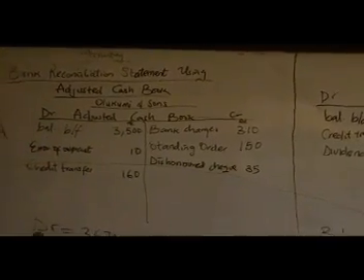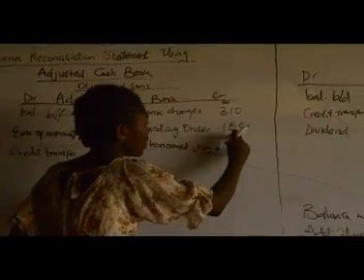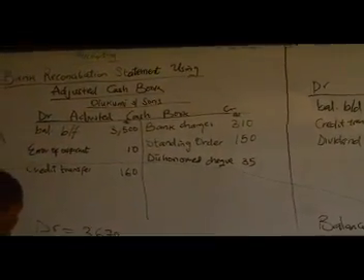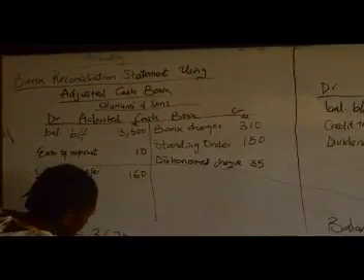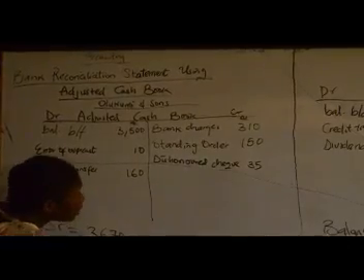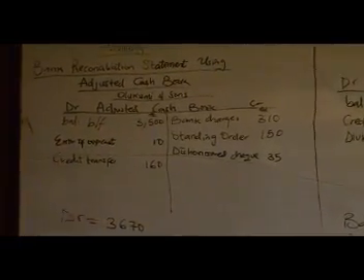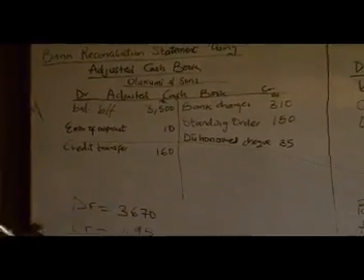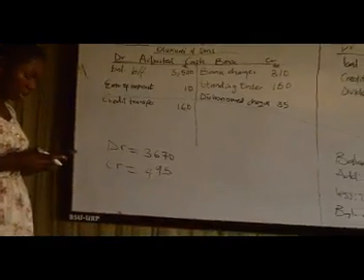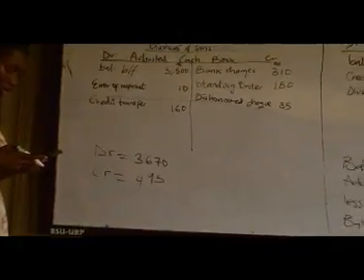For our credit balance, we'll be adding 310 naira plus 150 naira plus 35 naira, and that will be giving us 495. So our balance now, since the debit side exceeds our credit side, our balance will be the debit total less our credit total.